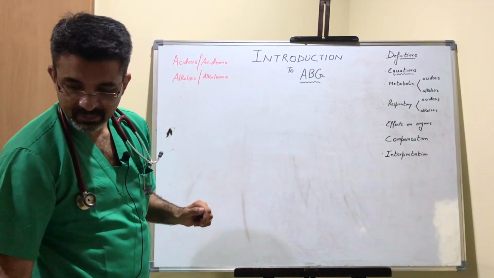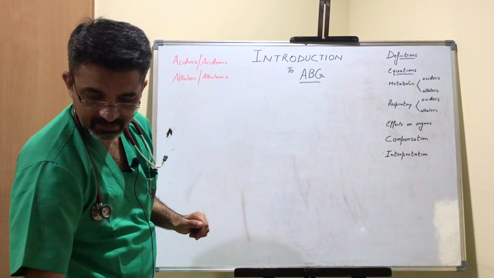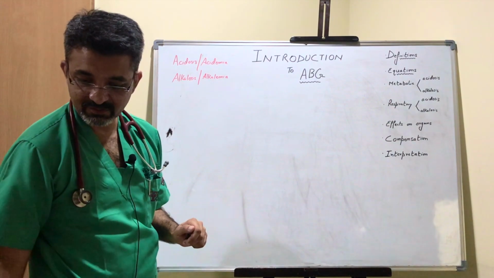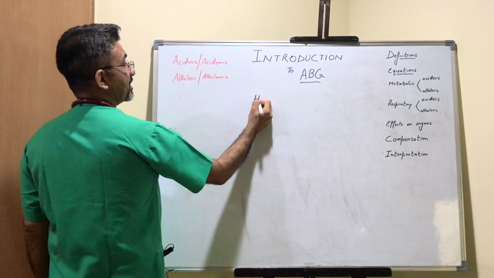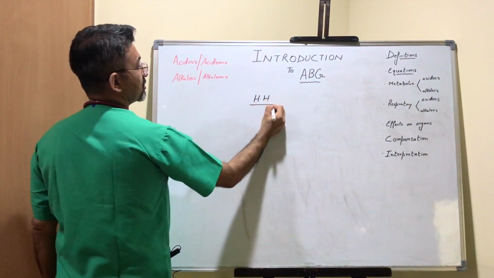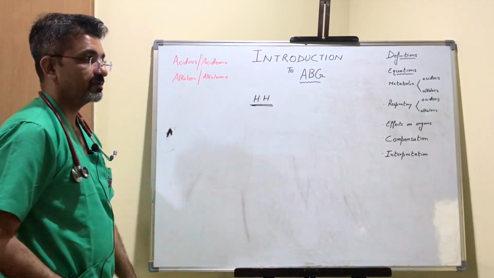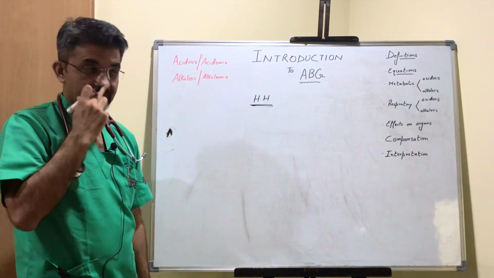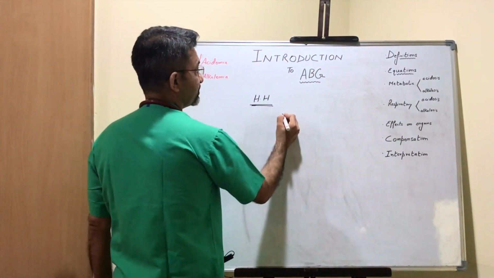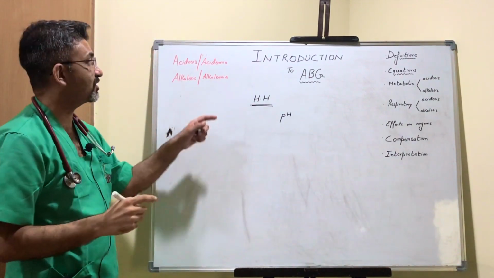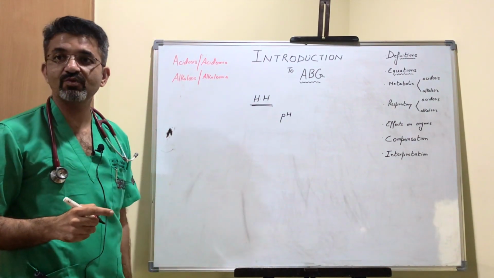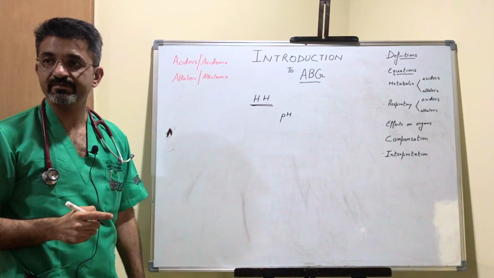Now we come to a major equation which will be used frequently in our lectures, that is the Henderson-Hasselbalch equation. It's a difficult equation. It says that pH is not only dependent on hydrogen ions but also on PCO2 and bicarb.